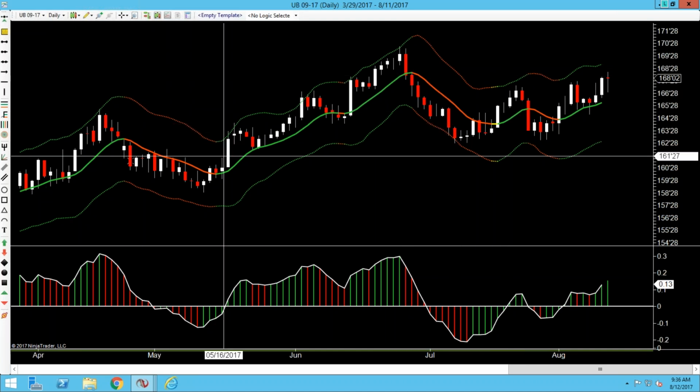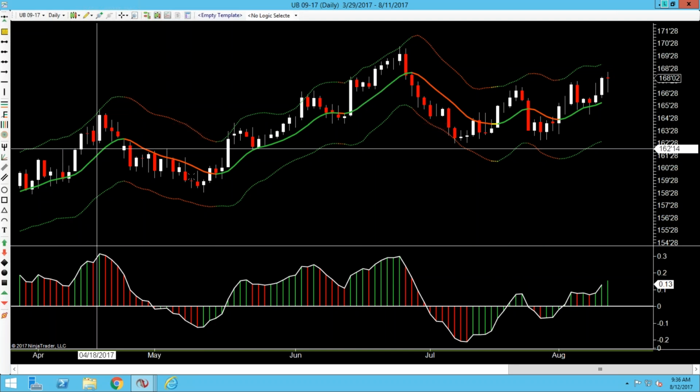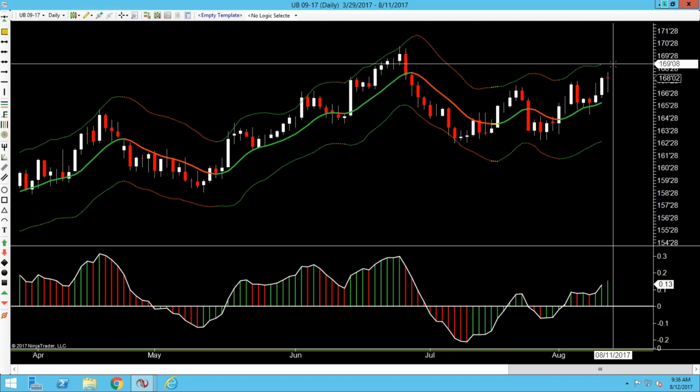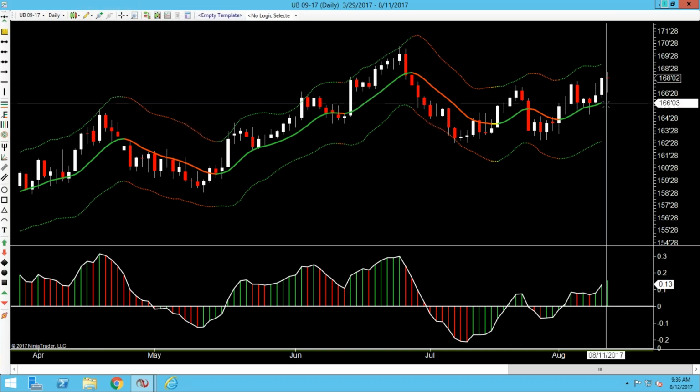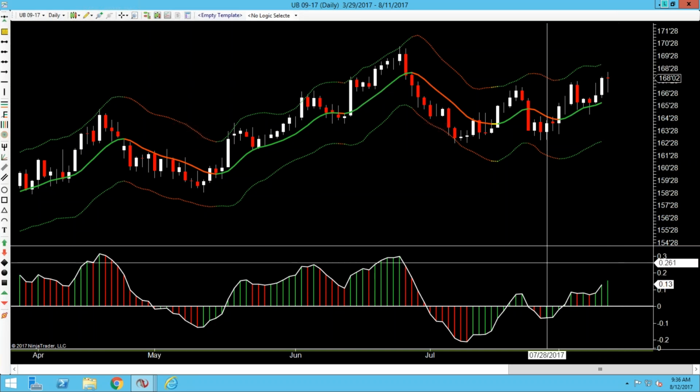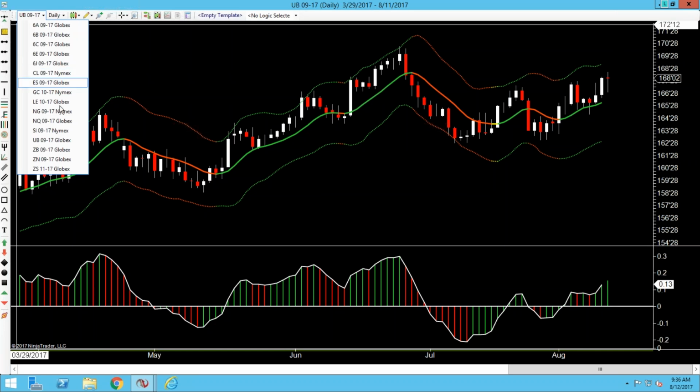So it's pretty consistent. And it looks like we're coming up to that top band still. Got a little bit room to run. Momentum is up. Gas and crude we'll look at real quick.